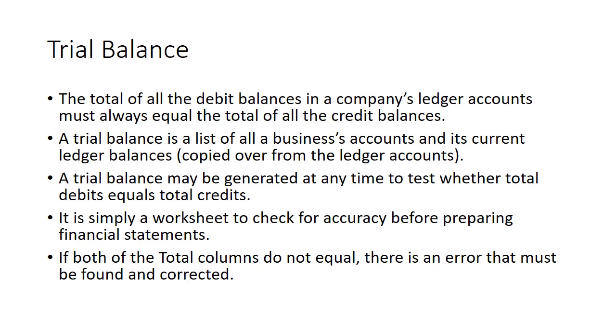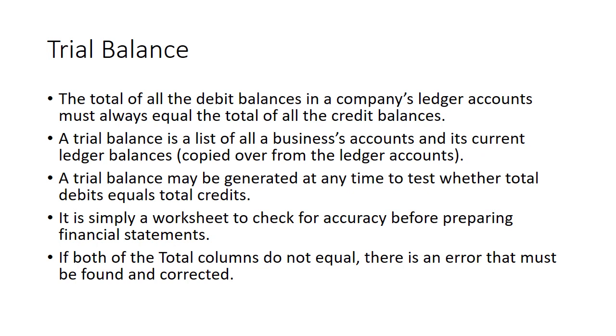After that, we prepare a trial balance. The trial balance is just a list of all the business accounts with their current ledger balances. So we just copy them from the ledger accounts. The balances brought down are where they will appear. The trial balance will have only 3 columns.